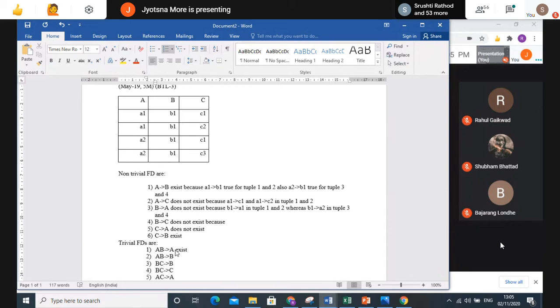Second answer, AB determines B. Who will give me the answer, exist or does not exist? Exist. AB determines A, we said exists. Yes, correct. AB determines B also exists?